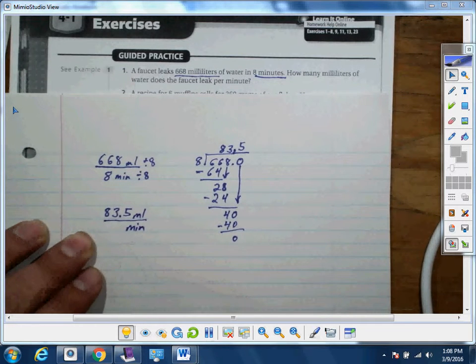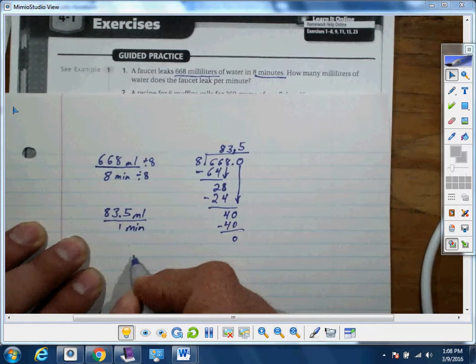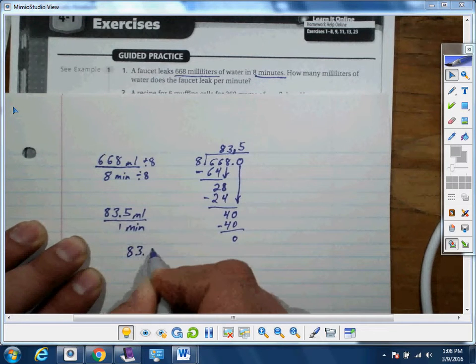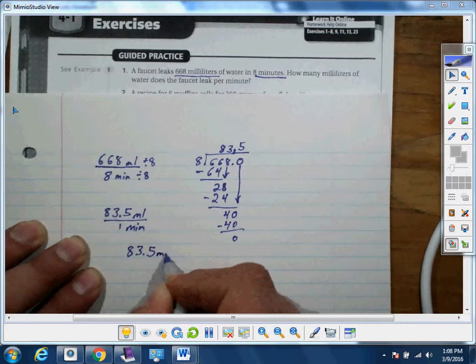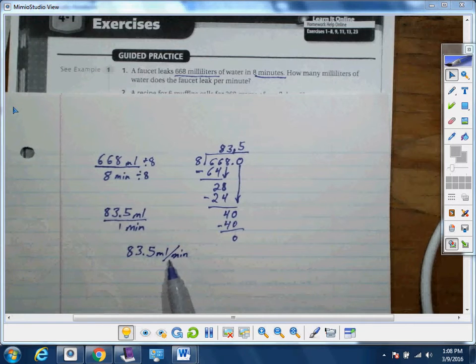Now, the way I like to write this, because I don't like to make it look like a fraction with a 1 underneath, is 83.5 milliliters per minute, because I already know that there's a 1 right there.